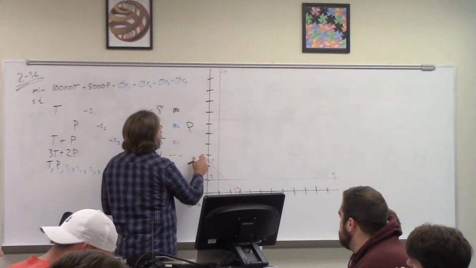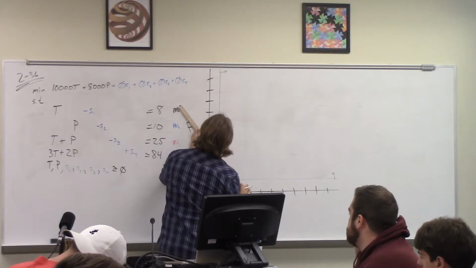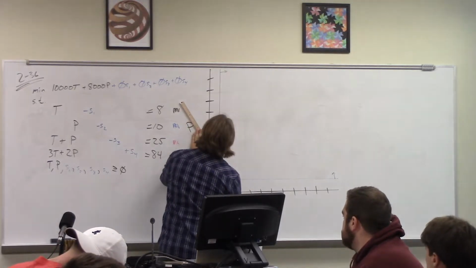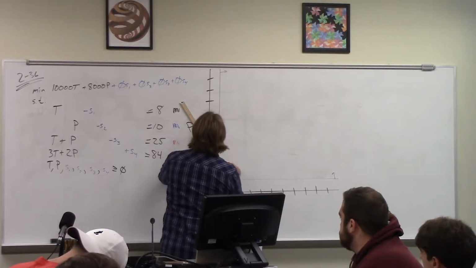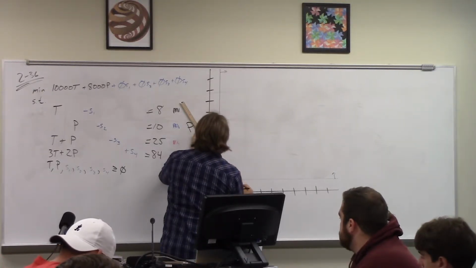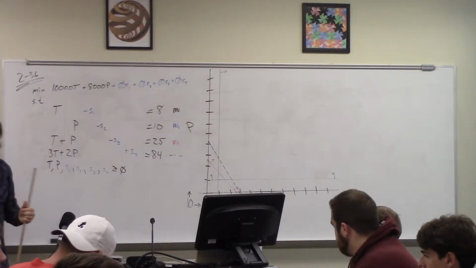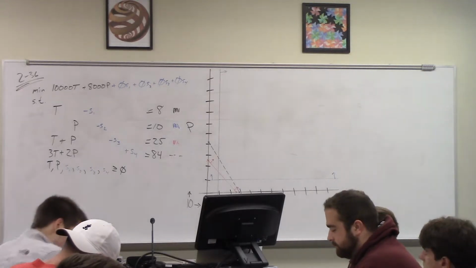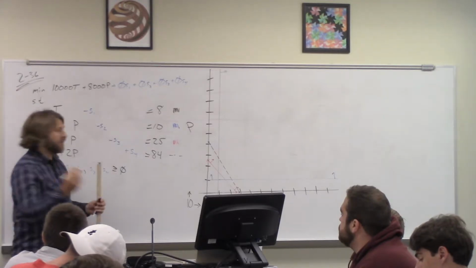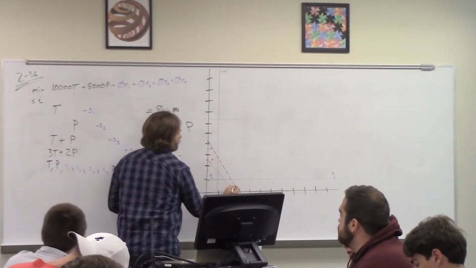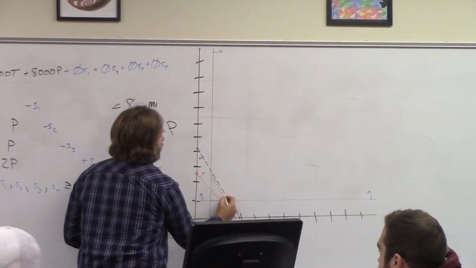So 10, 20, 30, 42 right here. So we've got a smaller region here, but we can do that. Okay. What direction do we go from there? To the left, right? Because this is less than. So our feasible region is right in here.